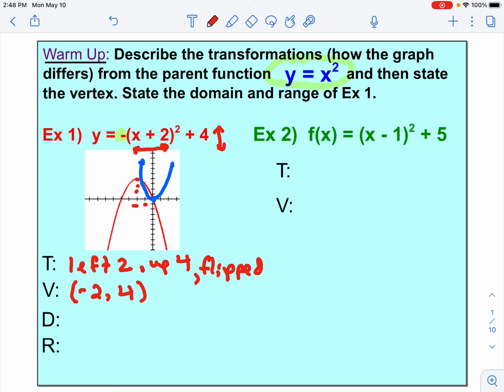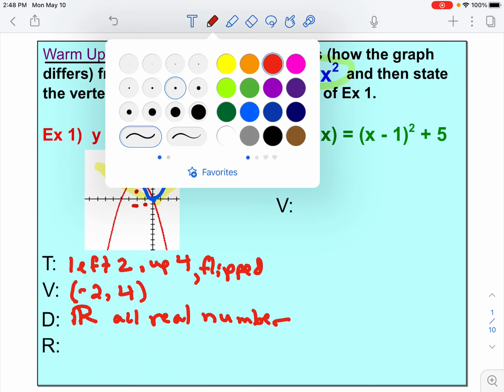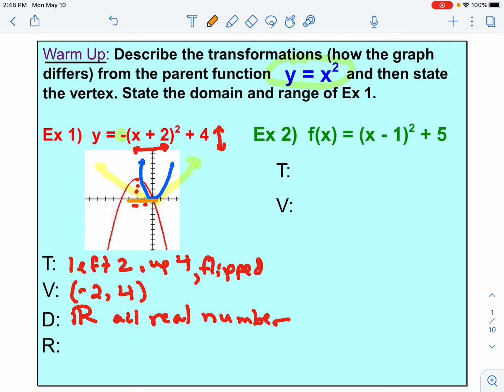Now the domain is your x values, and they keep going. The x values keep going in each direction, both positive and negative. So for parabolas, just like absolute value, it's all real numbers, and that is the symbol for it. The range is the y values, and the y values never go lower than this point right here, which happens to be the y value of your vertex.